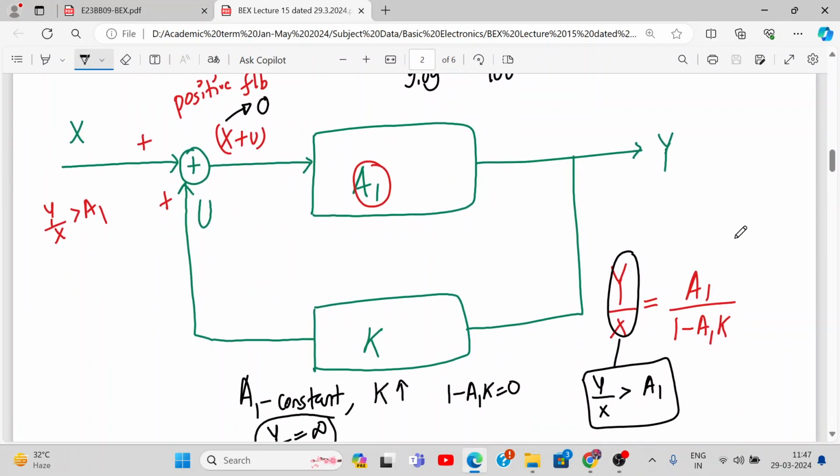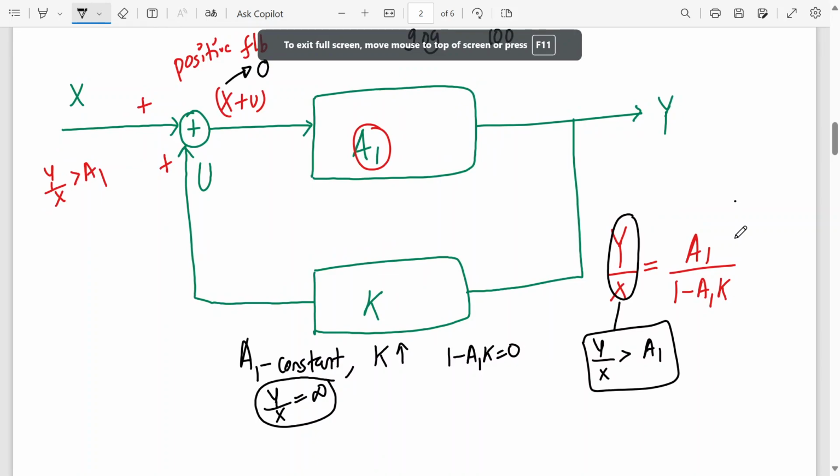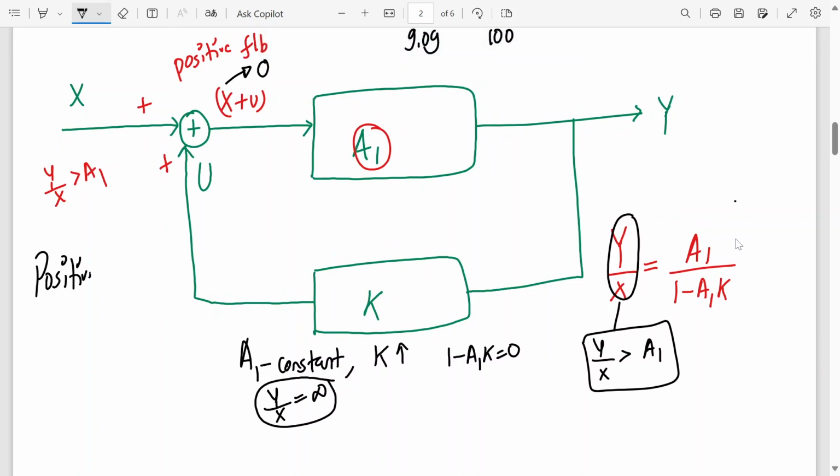So in a positive feedback, in summary, what all things happen? For a positive feedback, x, which is the input signal, and u are in phase, meaning both are almost in the same phase. Second, my closed loop gain, which is y upon x, is greater than my open loop gain.